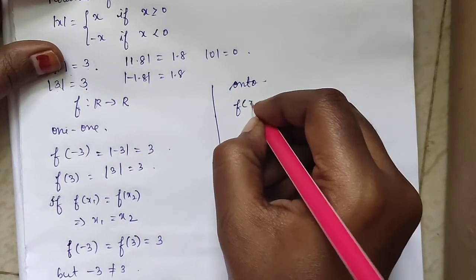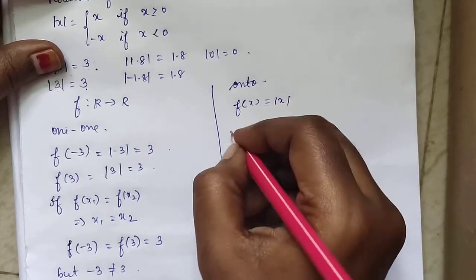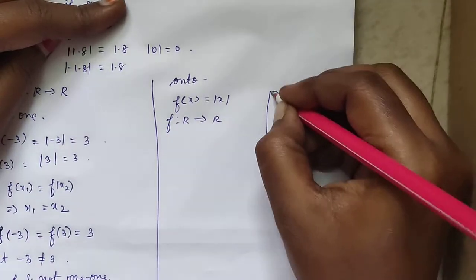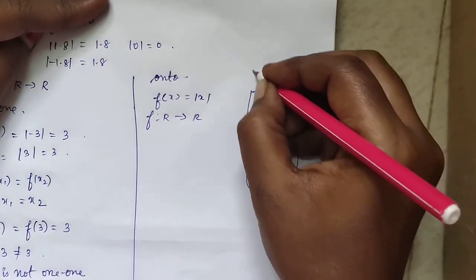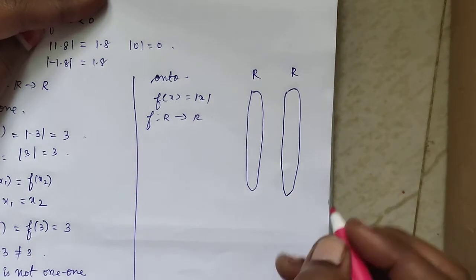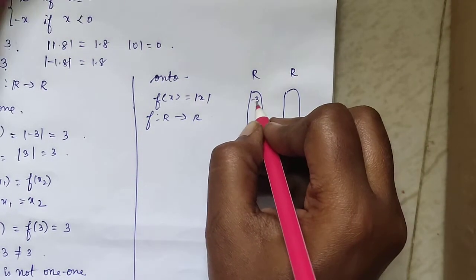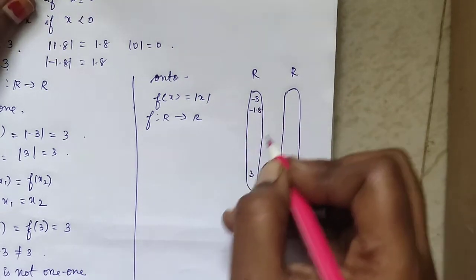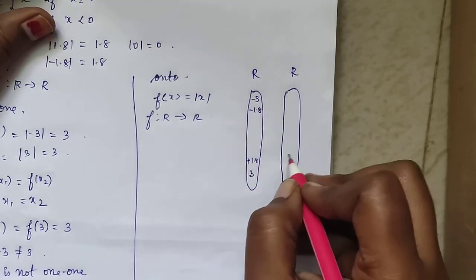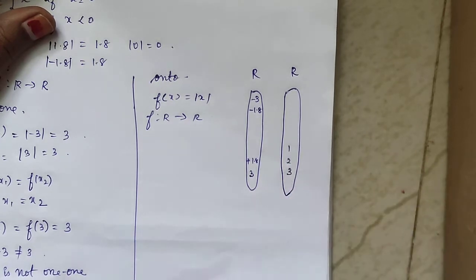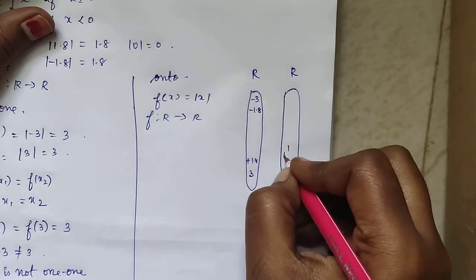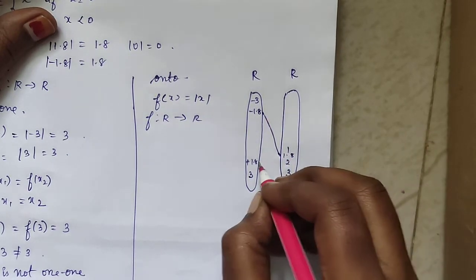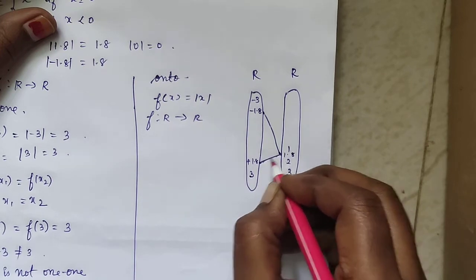Given f of x is equal to mod x, f is from R to R. This is also R, this is also R. Now see here, minus 3 is there, plus 3 is there, minus 1.8, plus 1.8. For minus also I am getting a plus value, for plus also I am getting a plus value only.